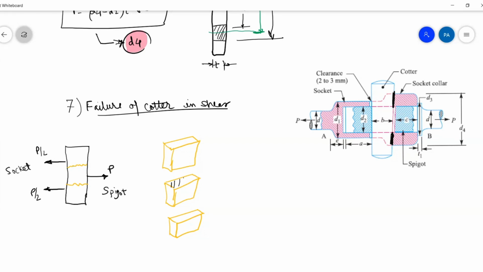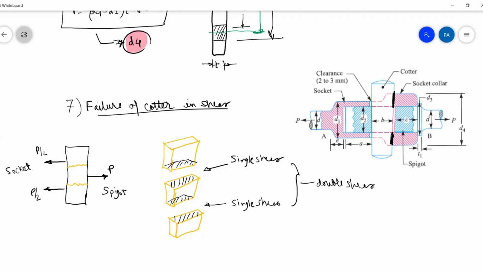This is one place, this second place, and this is one more place which we cannot see from this view, and this is one more place. So here there is a single shear, and here there is a single shear, and these two single shears make it a double shear.